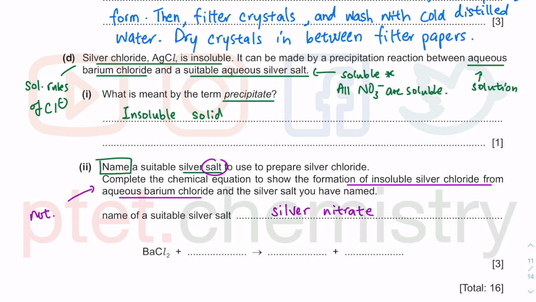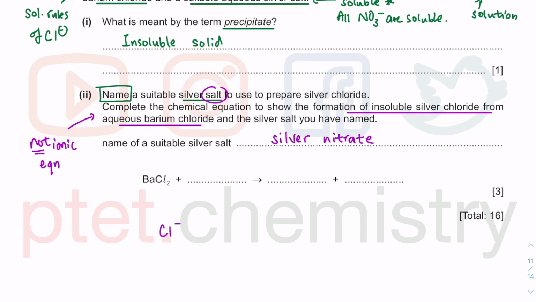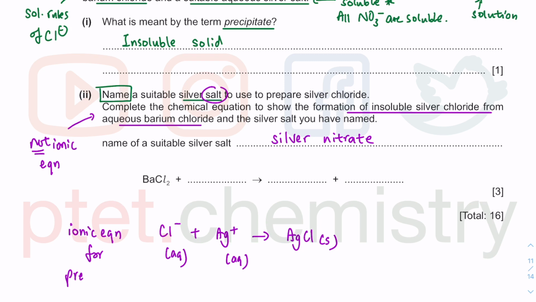They don't want the ionic equation, because the ionic equation would have been much easier to write. There would have been the Cl minus plus the Ag plus, giving you the AgCl solid, which is insoluble. That is your classic ionic equation for the precipitation reaction of this insoluble salt.